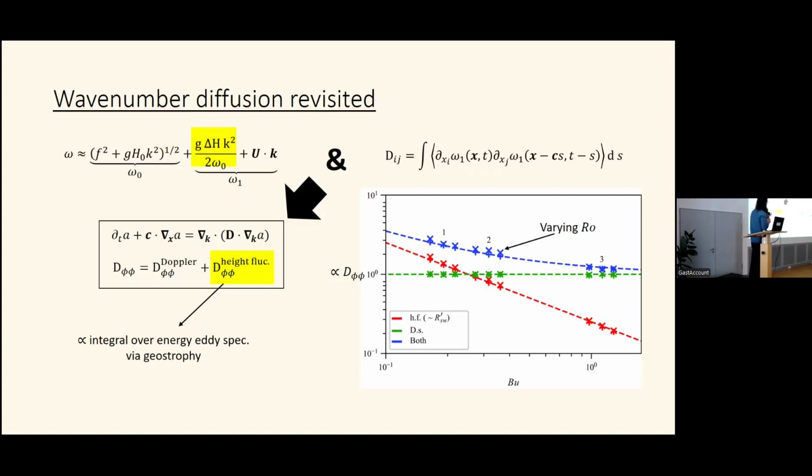So that's still a similar order of magnitude to the Doppler shift. As you move to smaller Berger numbers, so planetary geostrophy, the height fluctuation effect becomes the same order of magnitude or even more important than Doppler shift. So in diffusion, this is something that in the 2D case you should be considering, or at least you should check whether it's small.